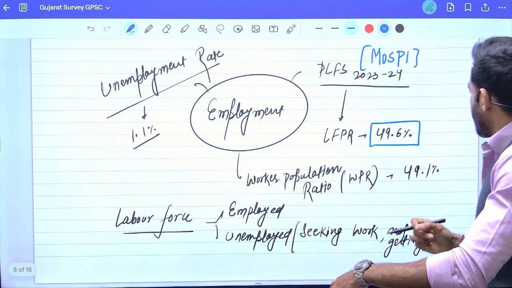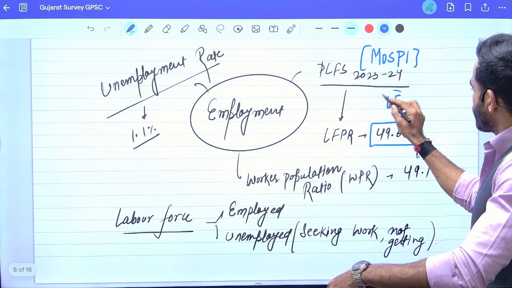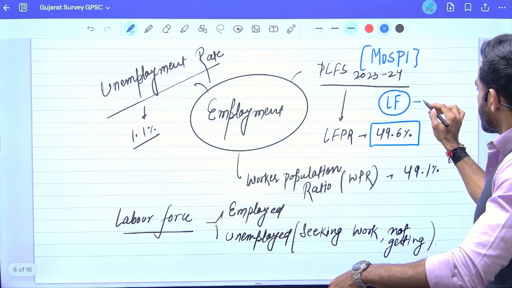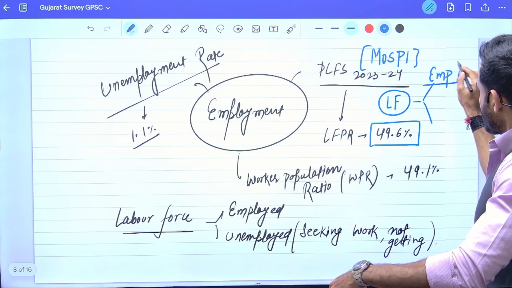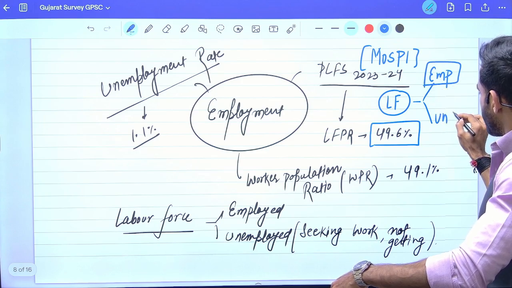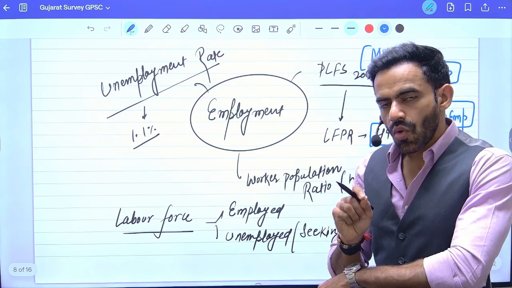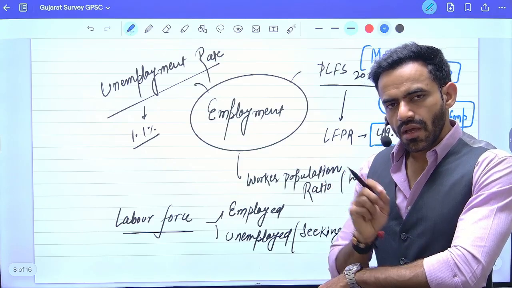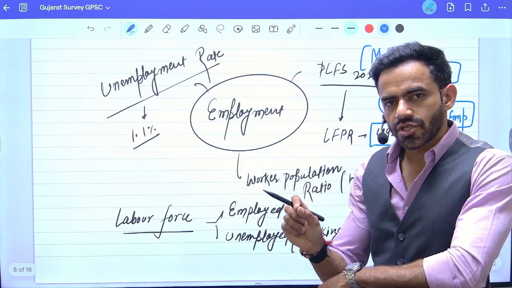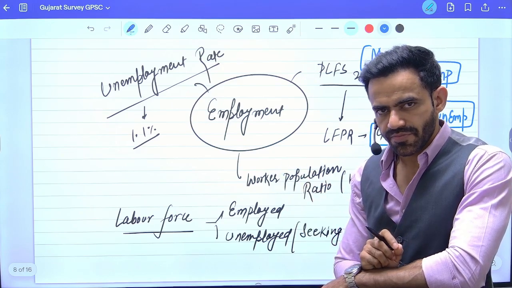Labor force basically refers to two kinds of population, those who are employed and those who are unemployed. Now, who are unemployed? Unemployed are those people who are searching for a job but not getting it. Understand the technical term? Those who are actively searching for a job but not getting it will be referred to as unemployed.